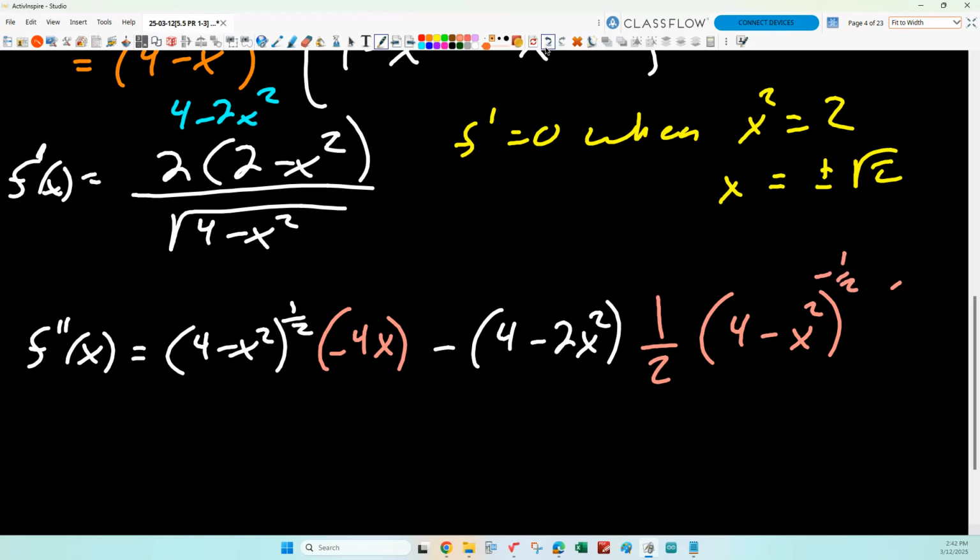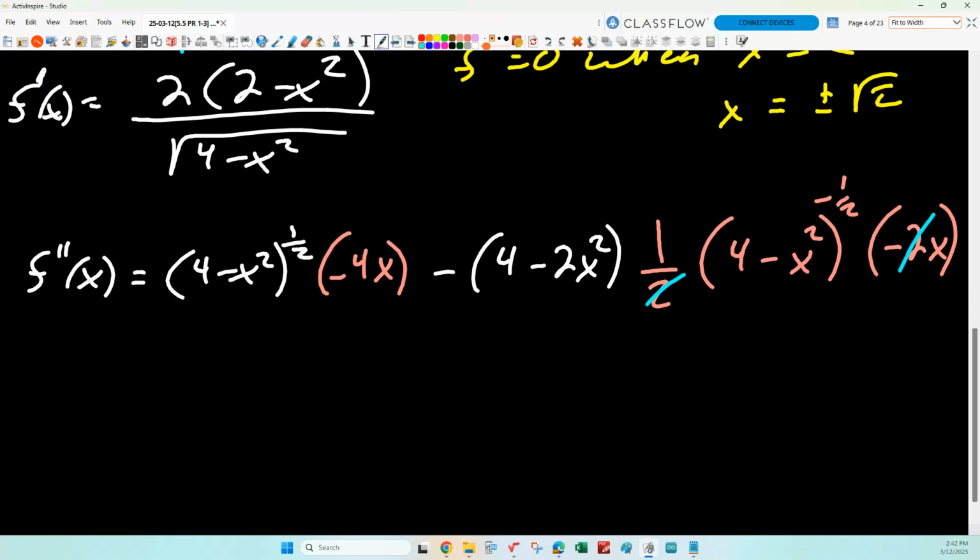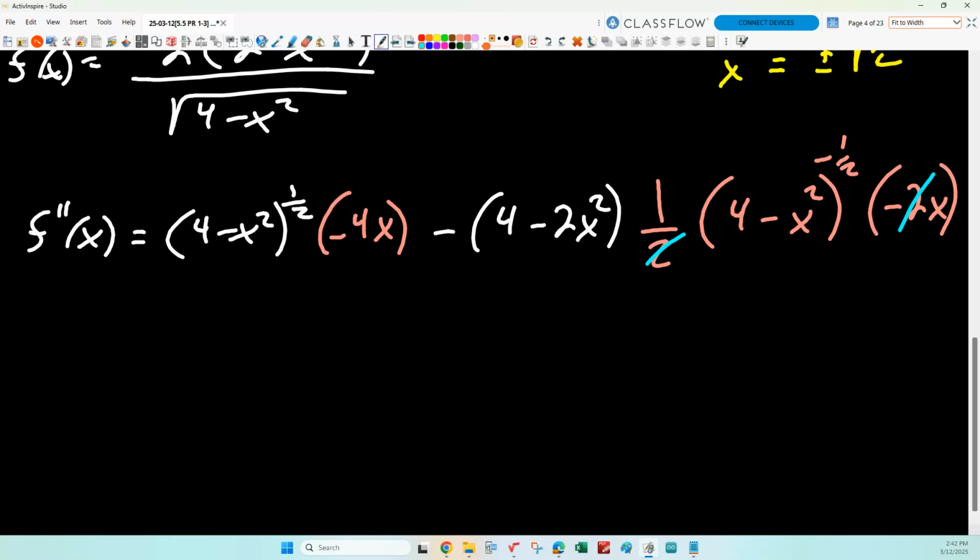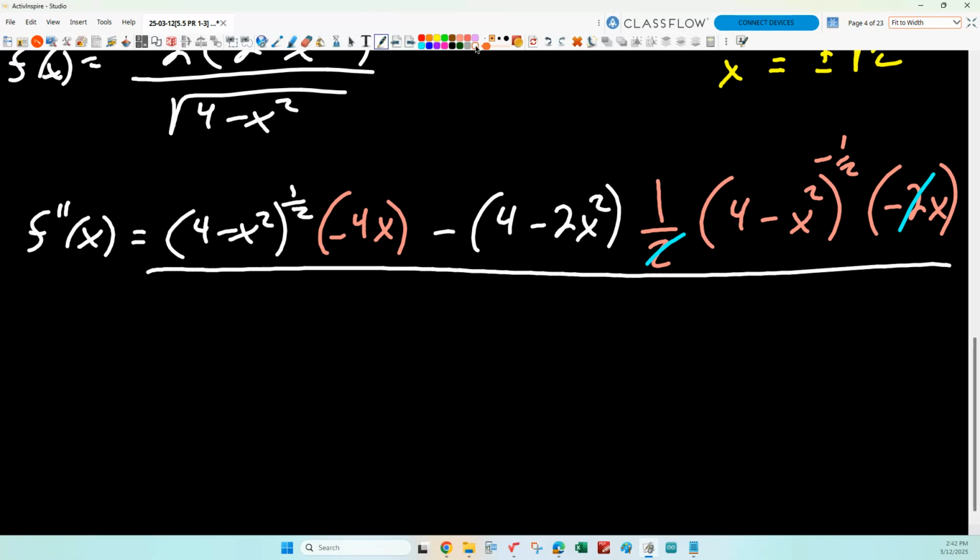Negative 1/2, times the derivative, and we could cancel 2's. And then, now what? All over low squared. And what is low squared? Good.